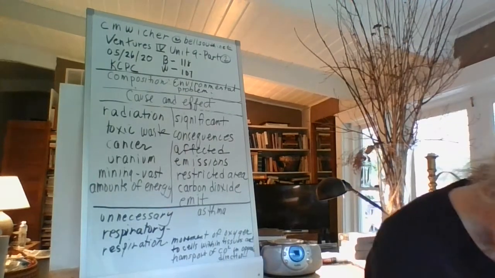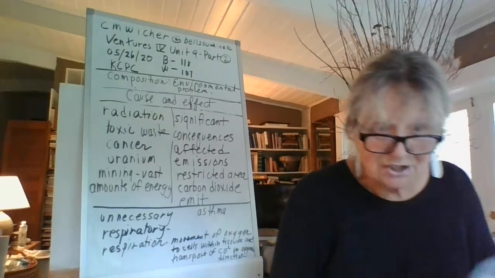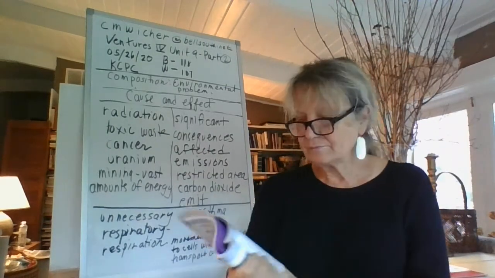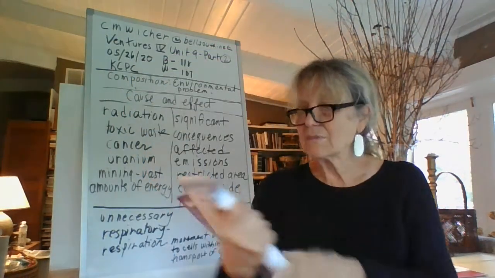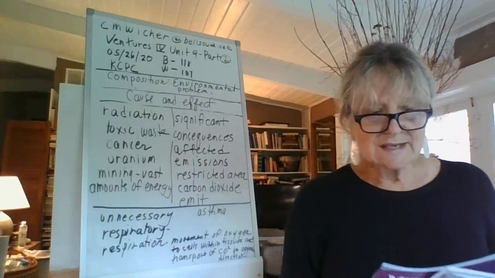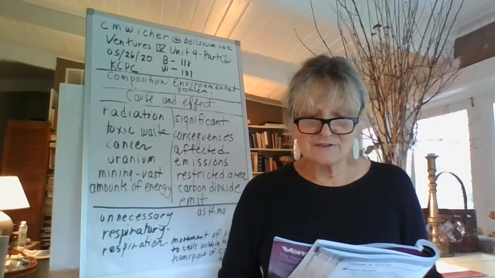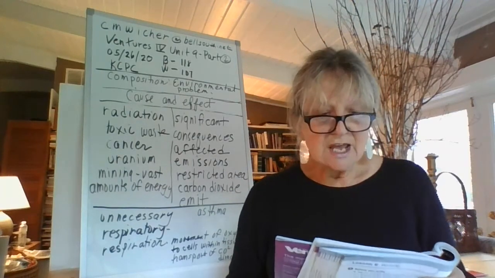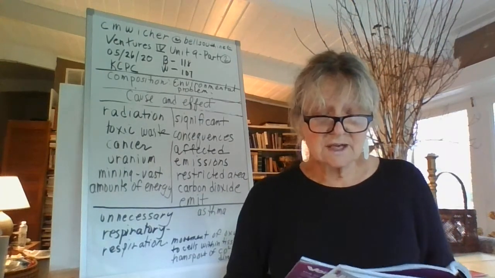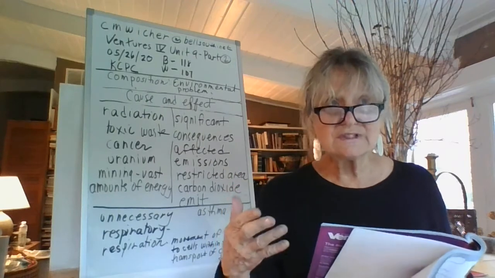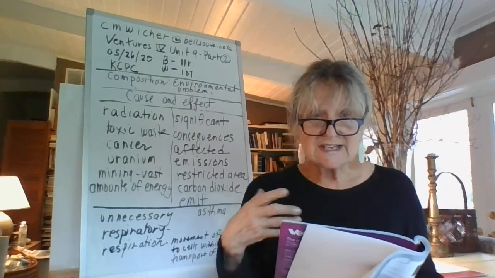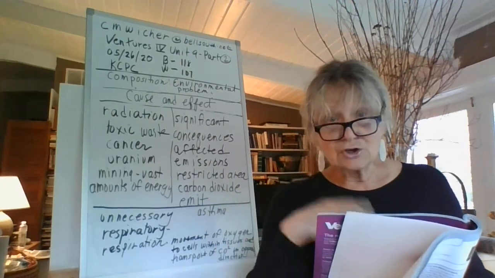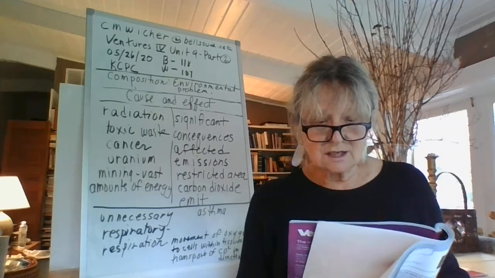Okay, let's go on to page 119. And here it says, plan the paragraph about an environmental problem in your city or community. Include the causes and effects of the problem. So you're going to be using the connecting words since, therefore, so, because of.